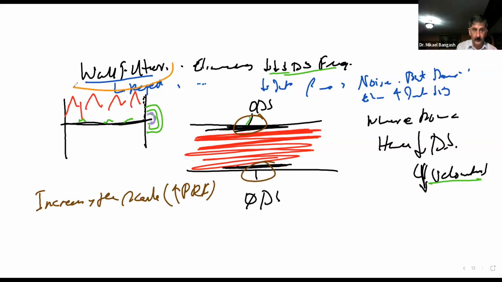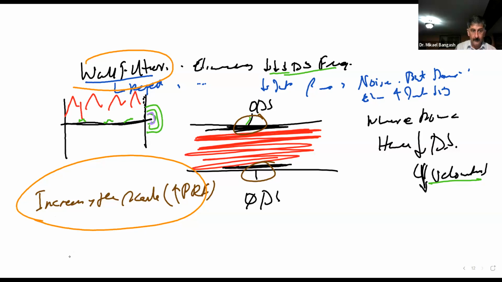What is it that you may get by increasing the scale that you don't get with the wall filter?